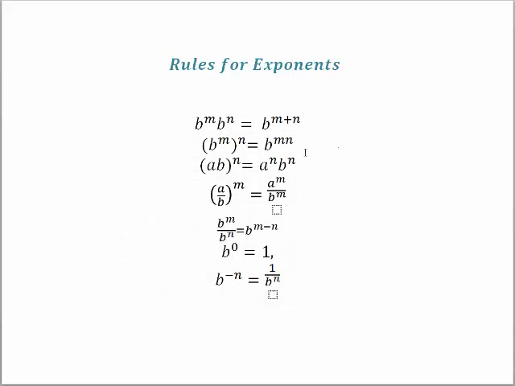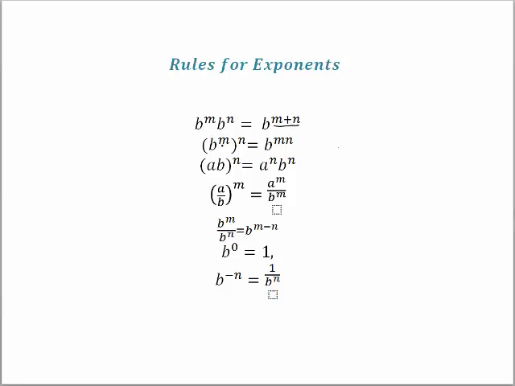Here are some rules for exponents that you should be pretty much familiar with, but we'll try and talk through them. When you have a variable raised to the m exponent and a variable raised to the n exponent, so we're multiplying them, we add the exponents.